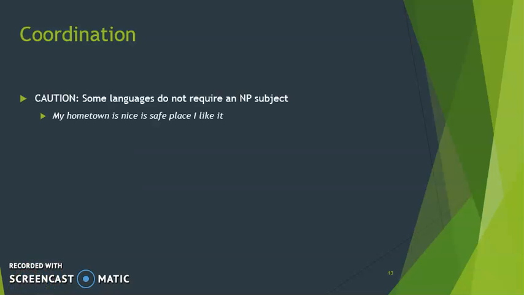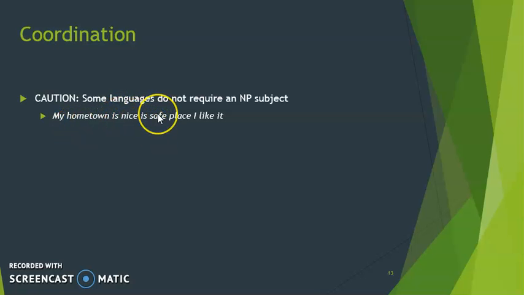But again, we have to give another caution here. Some languages do not require an NP subject for grammaticality. So a learner might say something like, my hometown is nice, is safe place, I like it, and you can see that the it or my hometown is not repeated here.